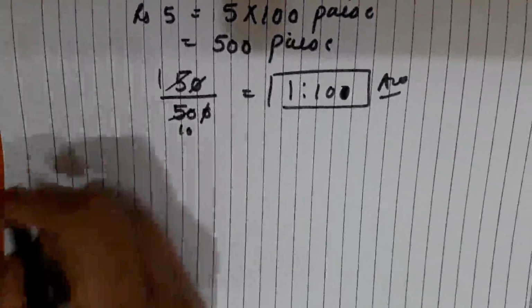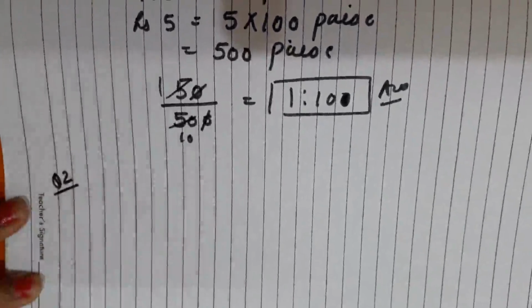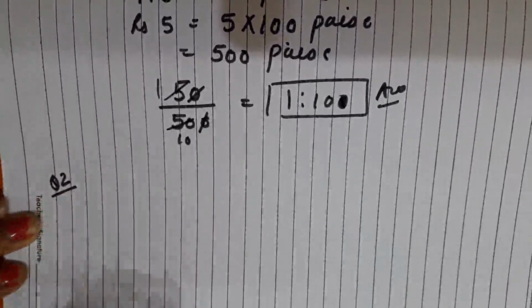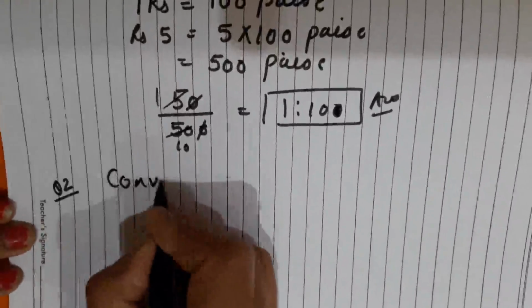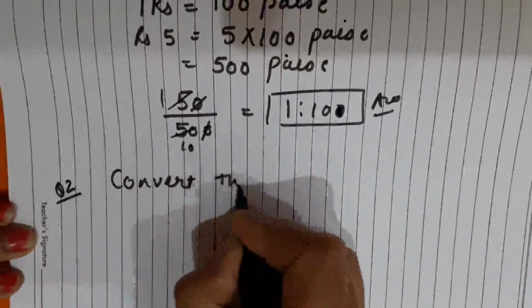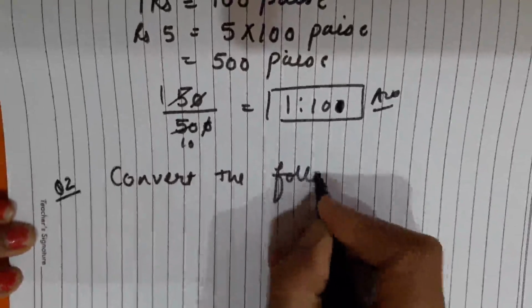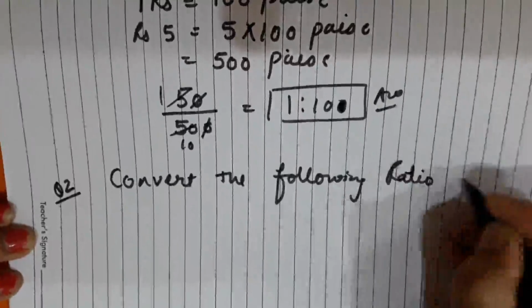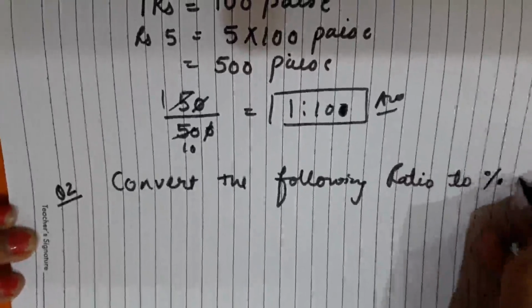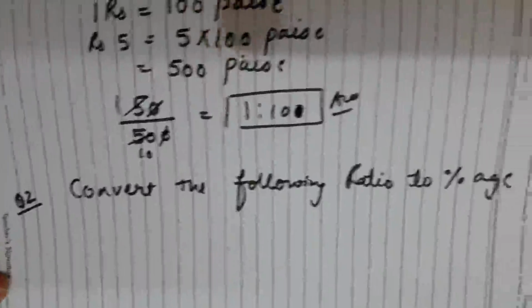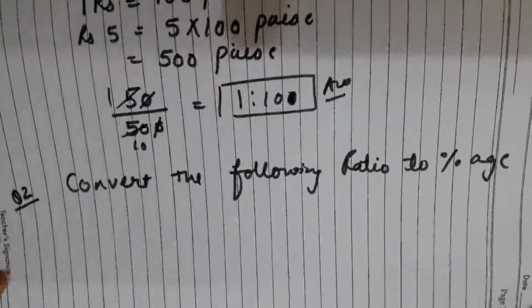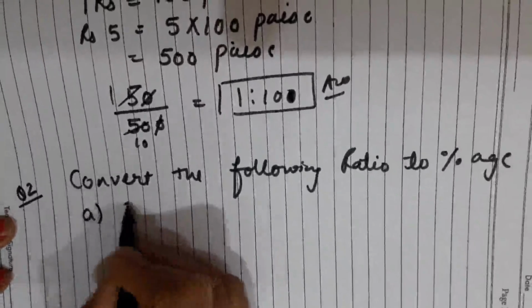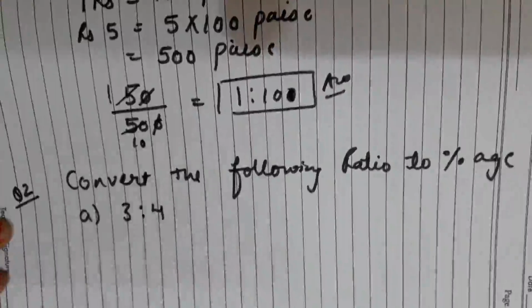The next question, question number 2 from exercise 8.1, is convert the following ratio to percentage. Now I have already explained in the introductory part how to convert a ratio to a percentage. The first part is 3:4.